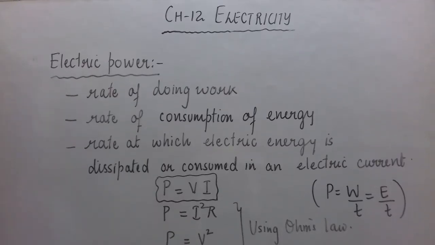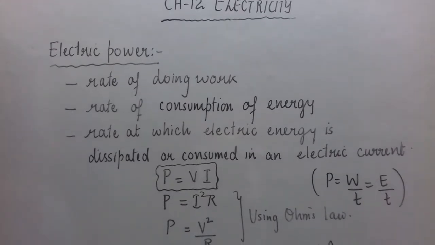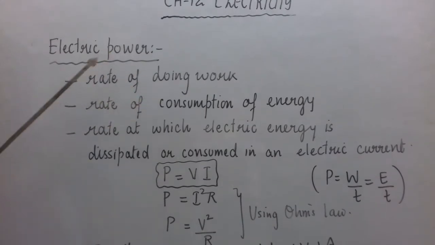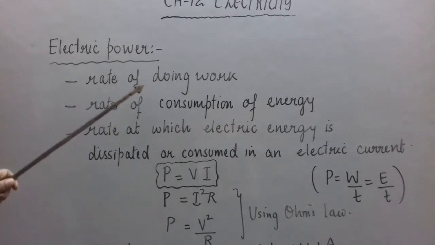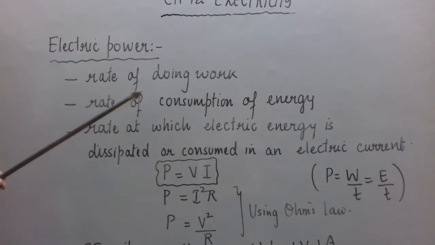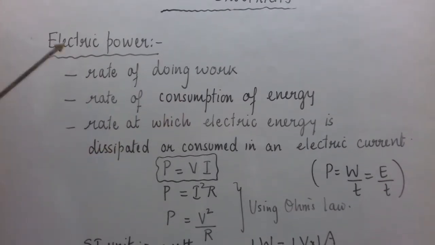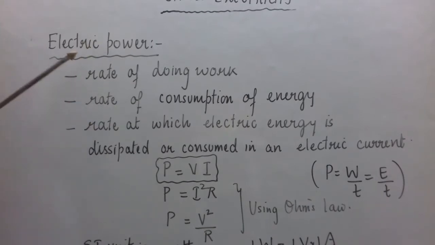Now students, you know the definition of power which you have done in your 9th class. Power is the rate of doing work, power of any body or any appliance, rate of doing work or work done in unit time. Or we can say it is the rate of consumption of energy. Now, when we say electric power, let us use different words for its definition.